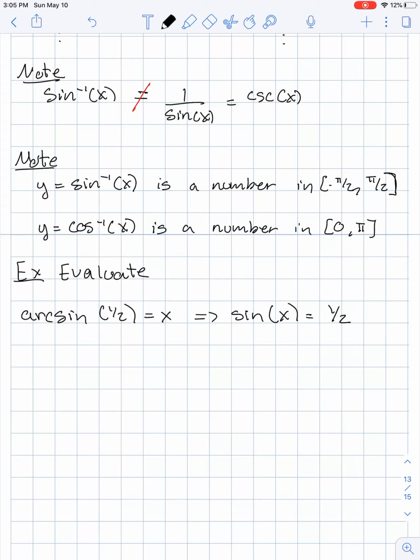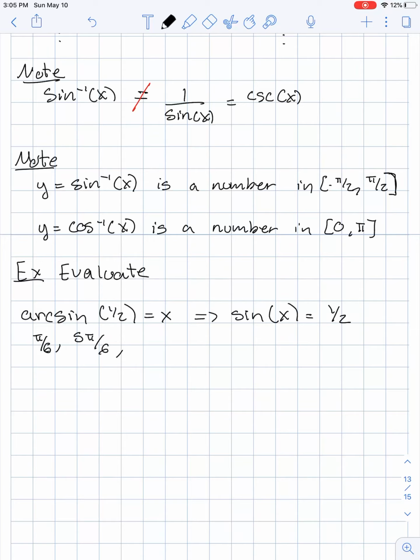Well, I know that every iteration of pi over 6, or most of them, are going to give me a positive 1/2, right? So pi over 6, 5 pi over 6, and so on.